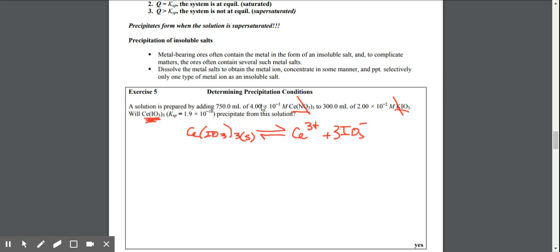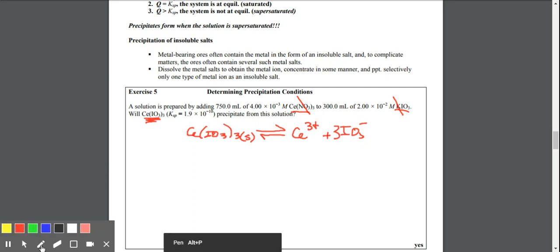So here's a kicker here. You would think probably that you plug in that molarity for an initial concentration and this molarity for its initial concentration, but that is wrong. Here's the reason why.